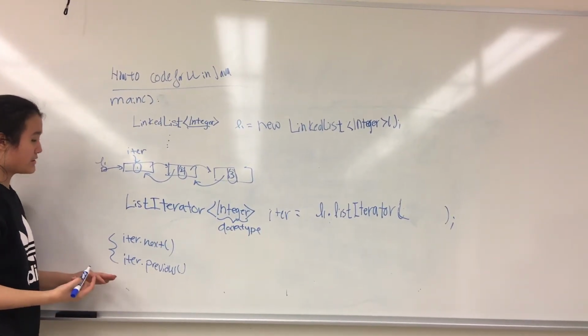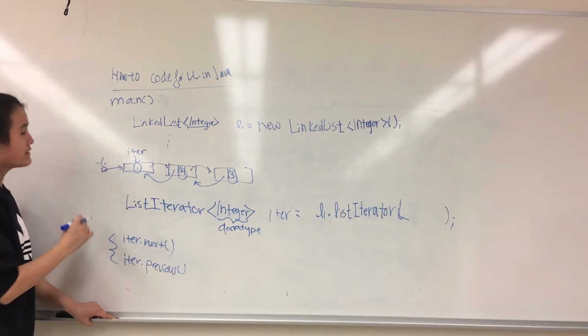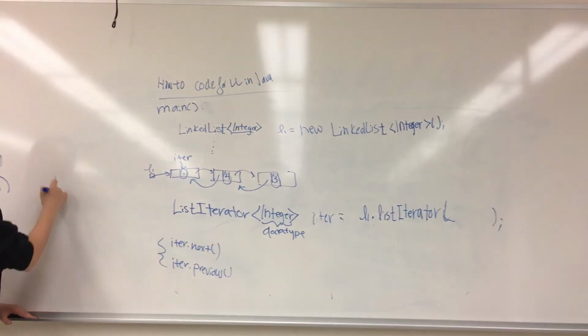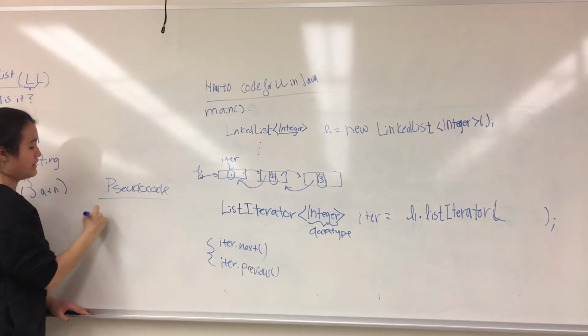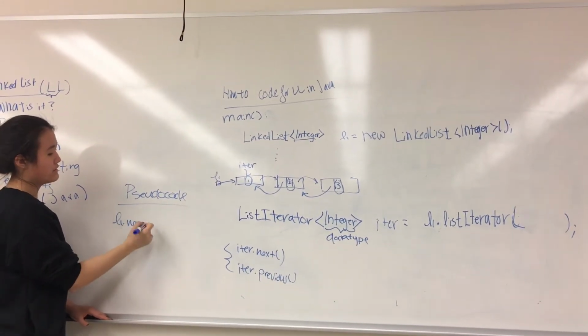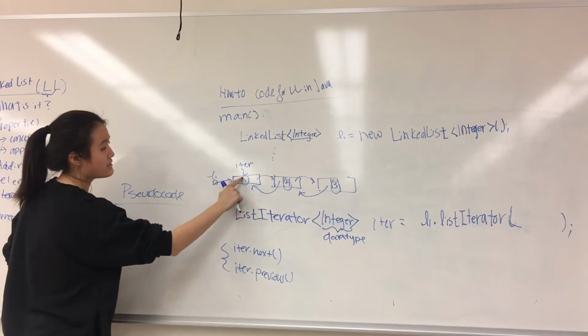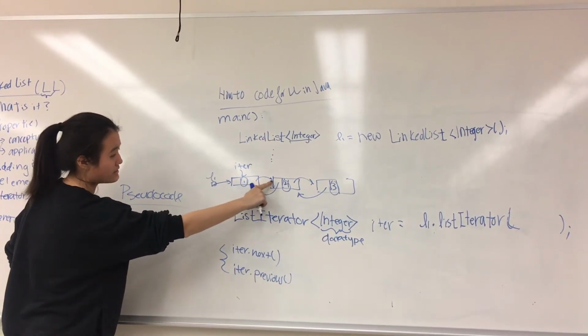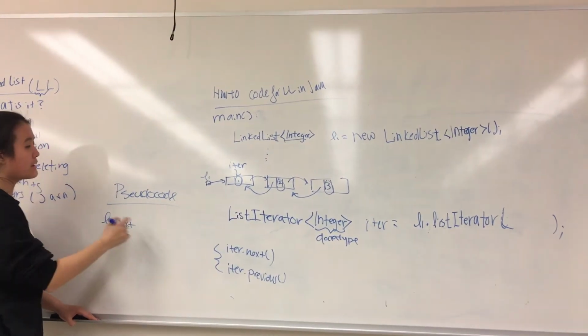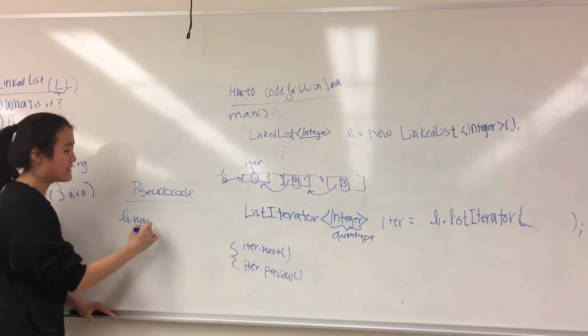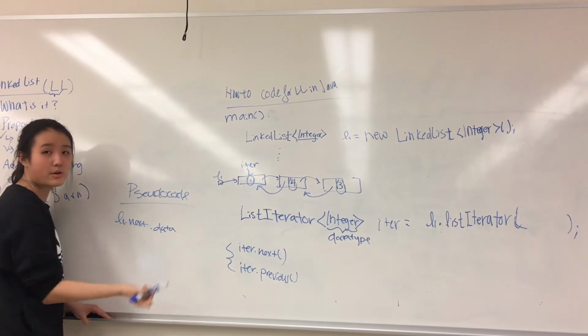And so we talked about how in the pseudocode what we had is L1.next, and L1.next would just return that node. However, if you wanted to return the data, then you would say .data, pseudocode wise.